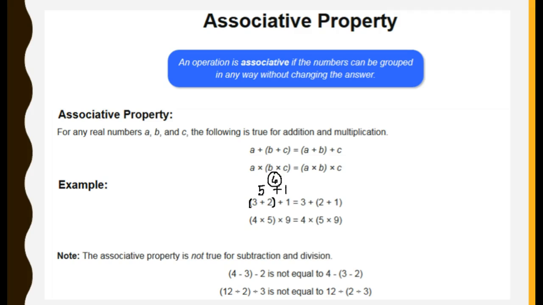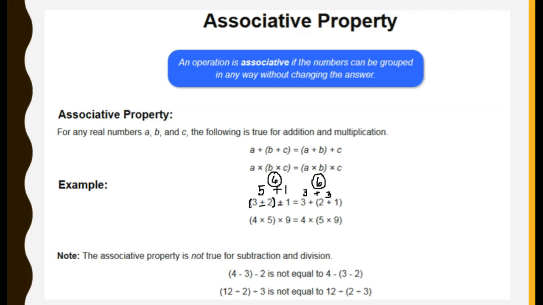Let's try this. 2 plus 1 is 3, plus 3 would be 6. So either way, no matter where you put those parentheses, it doesn't change the answer. They come up with the same exact answer, but you have to have all the signs be the same on one side of the equal sign.